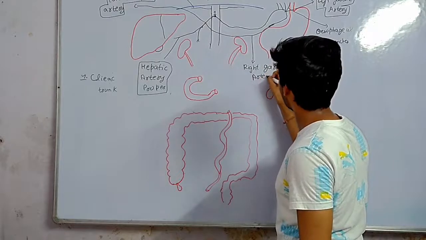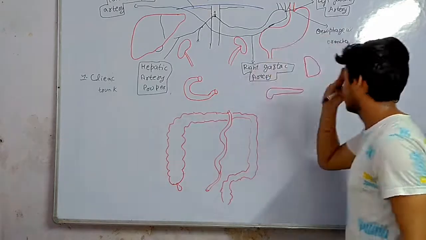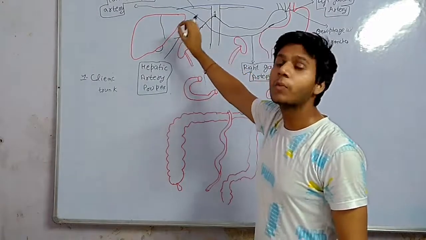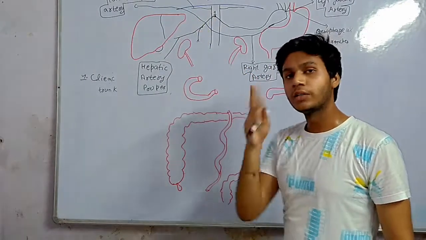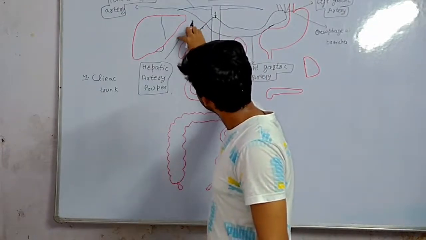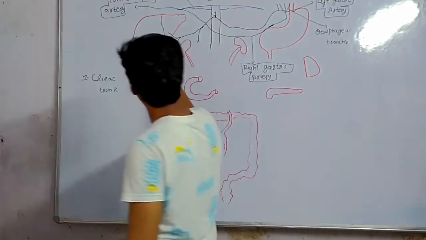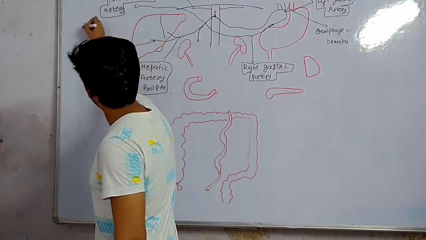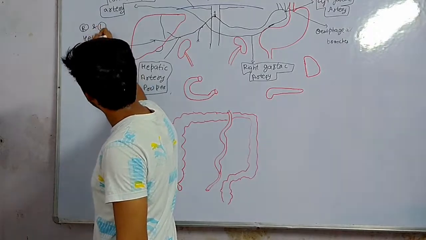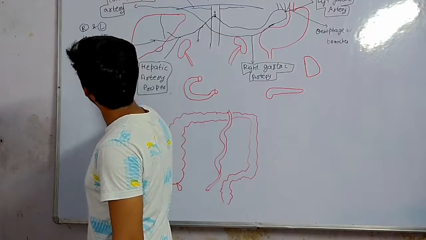This is the right gastric artery, a branch of the common hepatic artery. Then again this hepatic artery proper divides into two arteries, the right hepatic artery and the left hepatic artery. These are called the right and left hepatic arteries. Done.